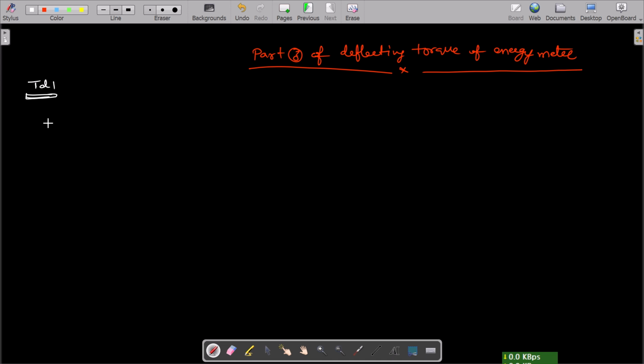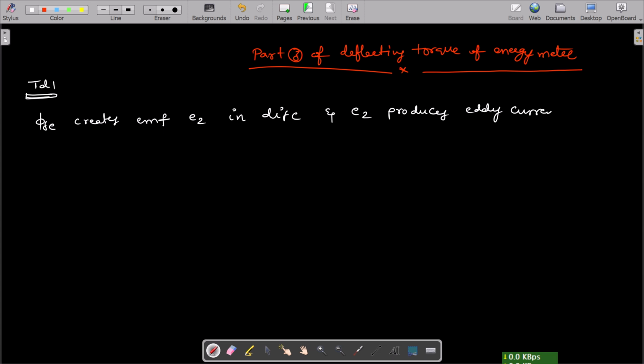This series magnetic flux phi SC creates EMF E2 in the disk, and E2 produces eddy currents IE2 in the disk.